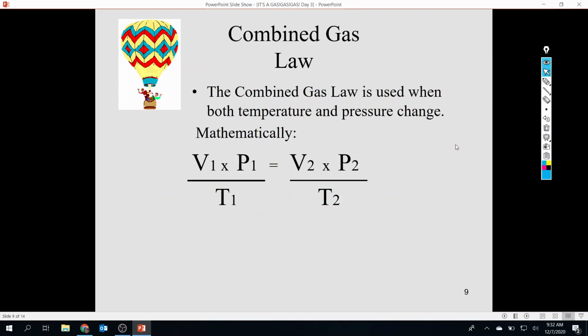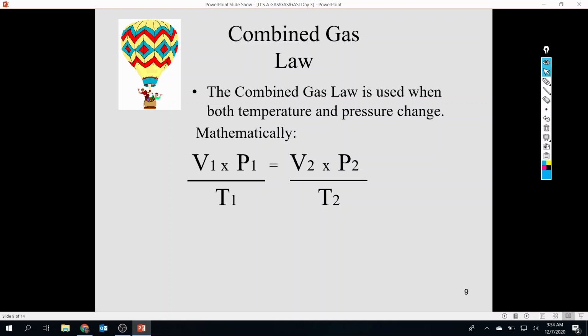All right, the combined gas law actually takes all three of those and puts them together in one set of equations.